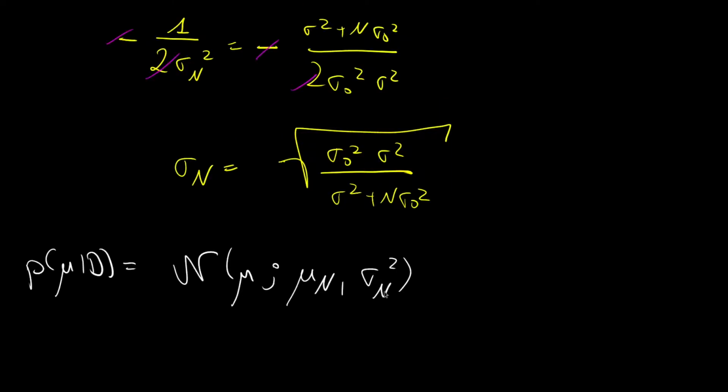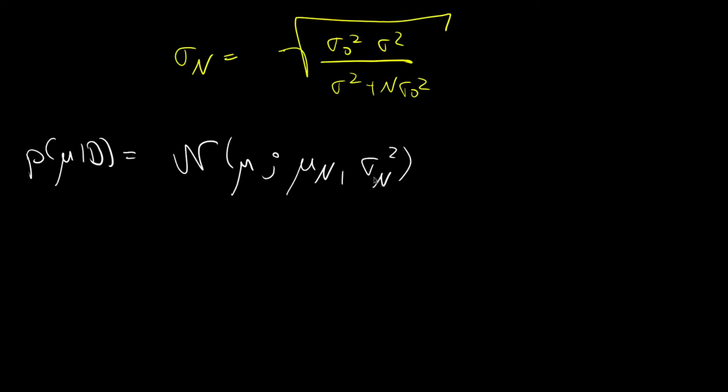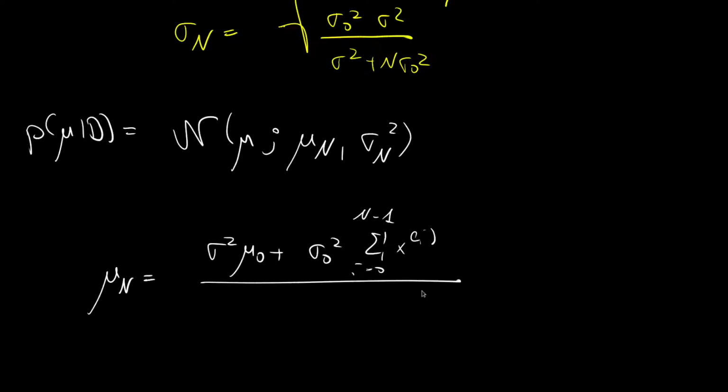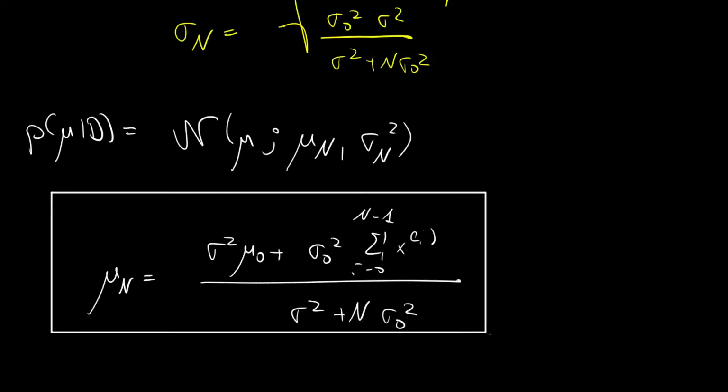Let us note down mu n and sigma n for completion, and we have mu n was given as sigma squared mu 0 plus sigma 0 squared, the summation from i=0 to capital N minus 1 over xi, over sigma squared plus n sigma 0 squared, and that is the parameter of our posterior.